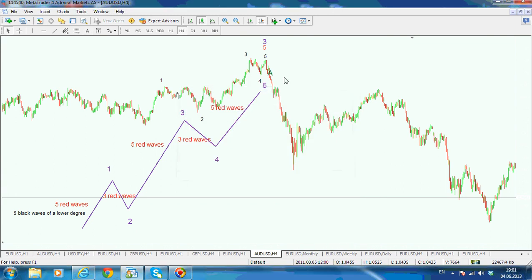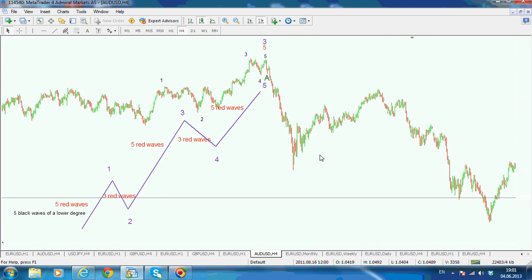So in order to make the proper count, you need to know all the time where you are, what your starting point was, what to expect next, and build that from time frame to time frame. It is called a top-down analysis.